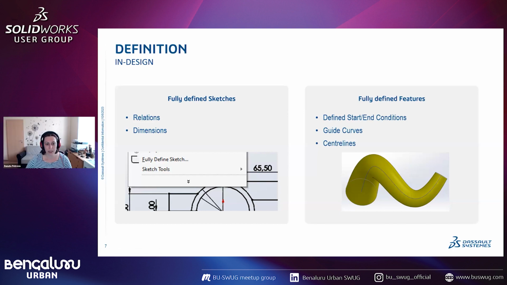I would not advise you to use this feature before you place the important definitions for you, because it is, let's say, defining in a strange way. Better put your definitions first, then if you're missing something, use the tool so you can fully define your sketches.